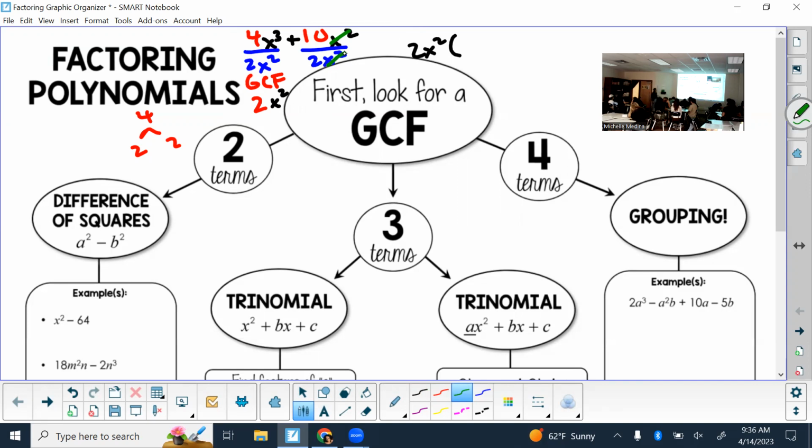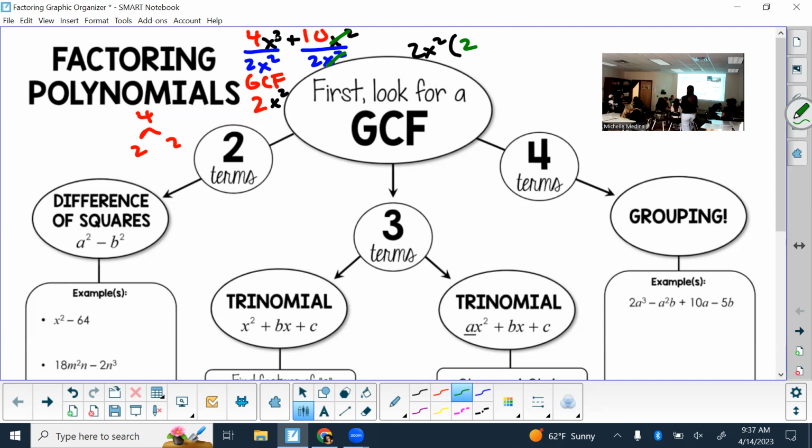What's 4x cubed divided by 2x squared? Okay, what's 4 divided by 2? And x cubed divided by x squared? All right.